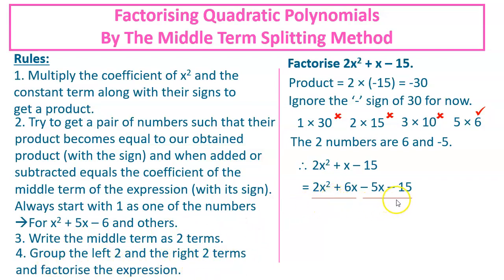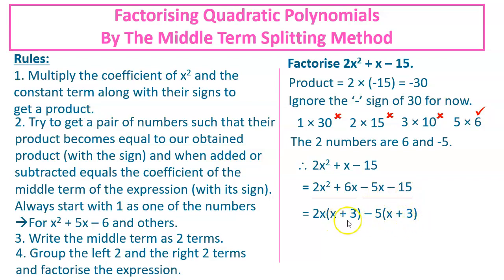The left two terms and the right two terms. From the left two terms the common factor is 2x, and within the parenthesis we have x from the first term and plus 3 from the second term. And from the right group, minus 5 is the common factor, and x is coming within the parenthesis from the third term, and we have plus 3 from the fourth term. And this is important.